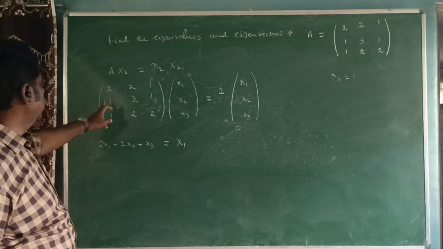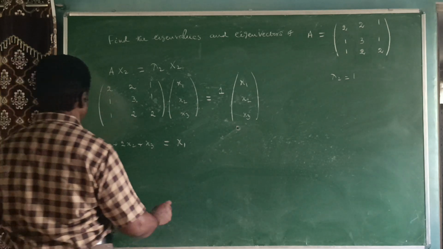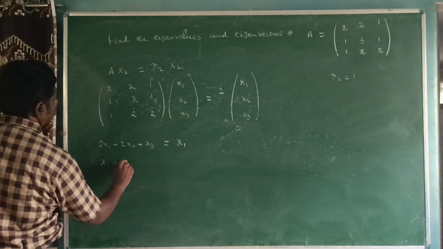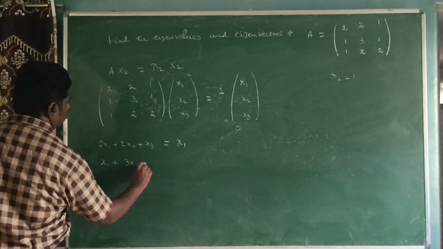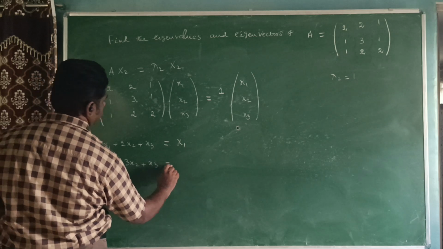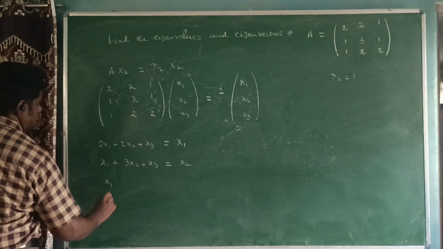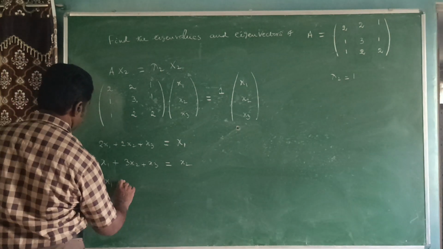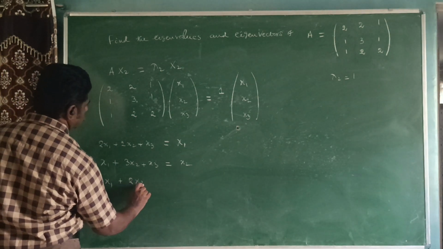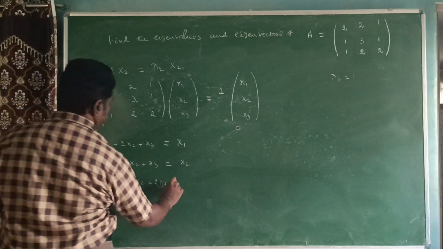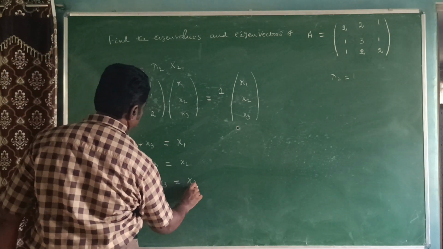Then from this, x1 plus 3x2 plus x3, which is equal to x2. Then x1 plus 2x2 plus 2x3 which is equal to x3.